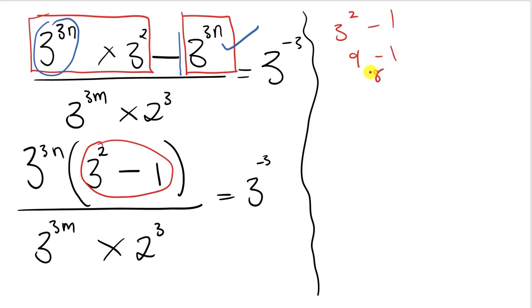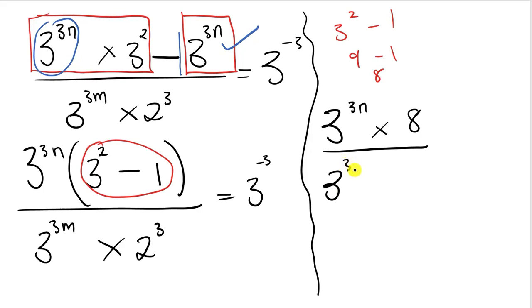Okay, if that is the case, then this expression is going to give us 8. Therefore, we are going to have our 3 exponent 3n times 8 all over 3 exponent 3m times 2 exponent 3 being equal to 3 exponent negative 3.